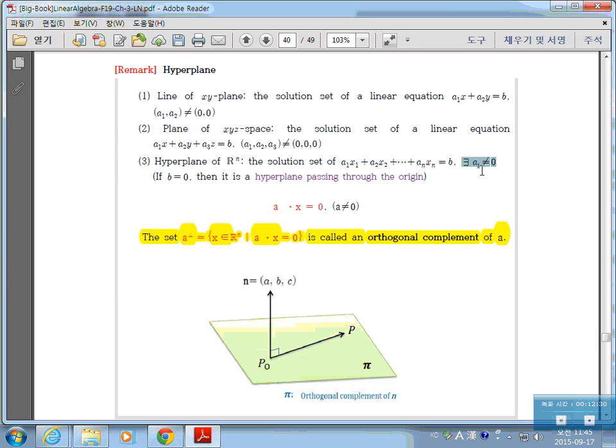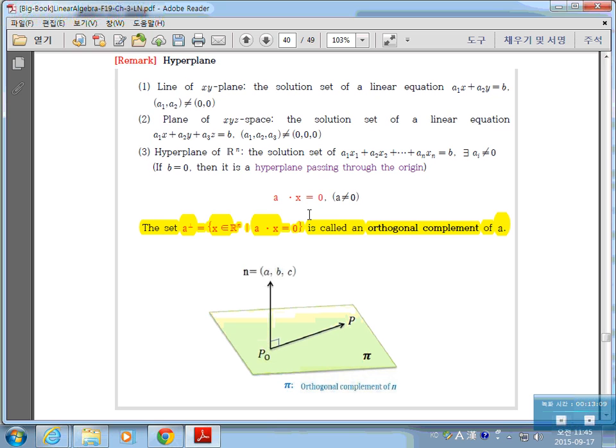For some ai not 0 that satisfies this, in that case, the solution set of this forms a hyperplane in Rn. But if b is 0, then it's a hyperplane that passes through the origin. Because if this is 0, then 0, 0, 0 is a solution. So the 0 vector is in the solution set.